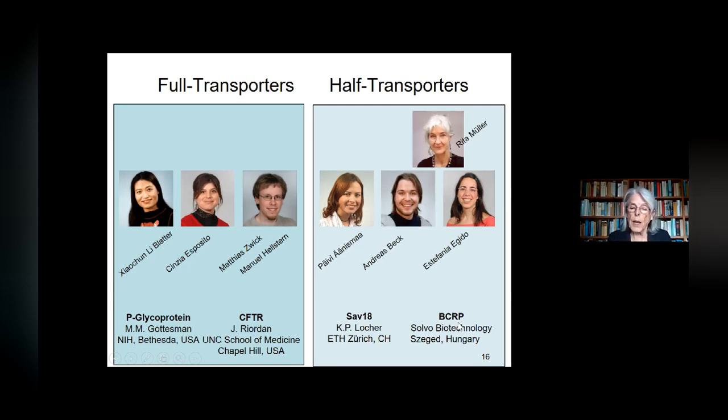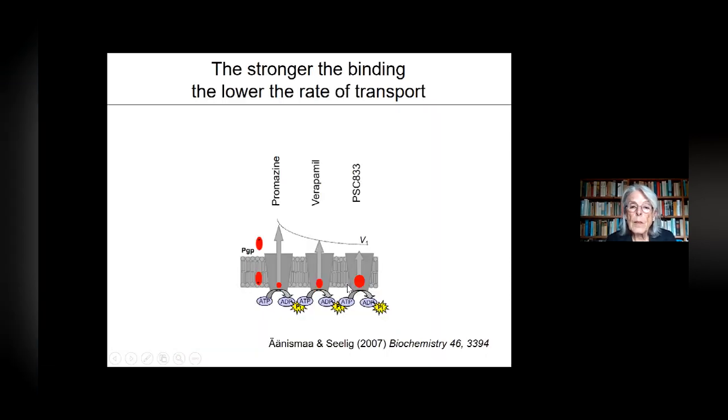BCRP takes non-amphiphilic compounds, whereas PGP takes the amphiphilic compounds. But the interaction is very similar, actually, in P-glycoprotein, CFTR, and Sav1866. We have amphiphilic molecules which probably bind in a similar manner. Yeah, that's so much for my presentation.